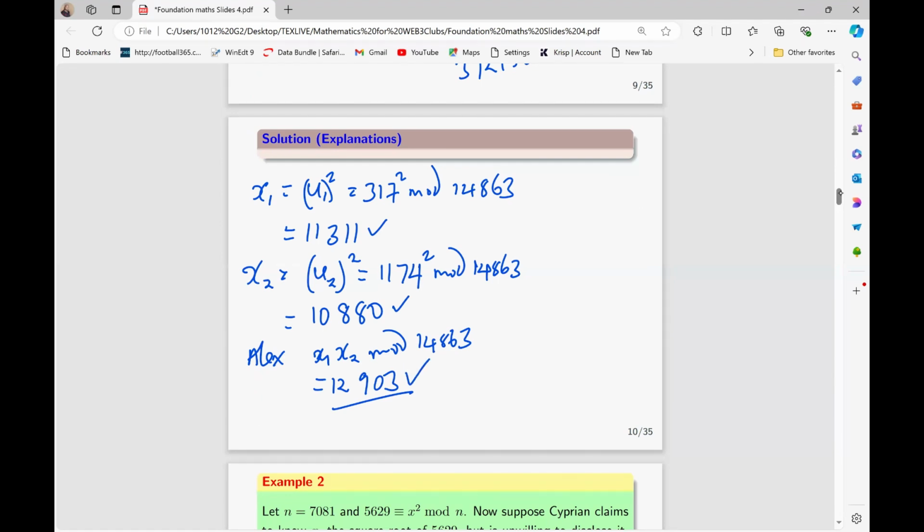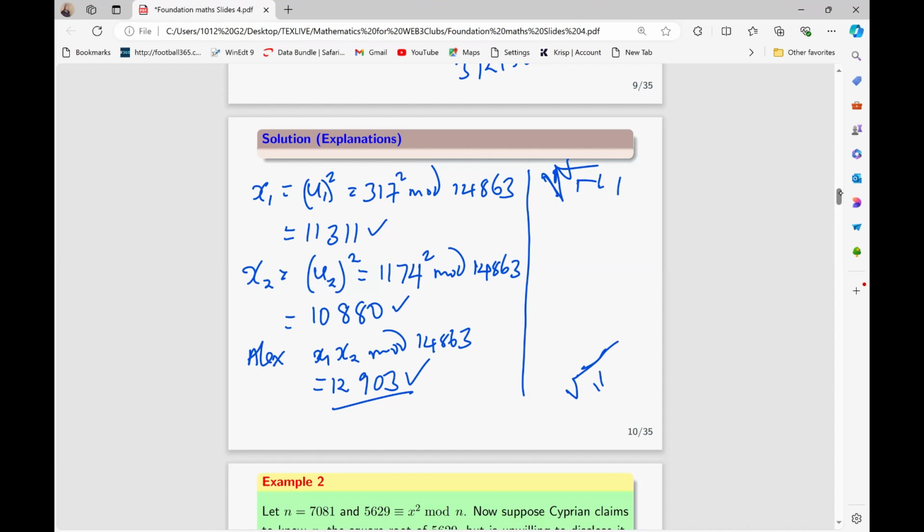Now, of course, he wants to confirm whether this person really knows what he's doing. He might just have chosen these values randomly. So now he asks this person, can you give me the square root of X1? So Cyprian has been challenged to give the square root of X1. What is X1?